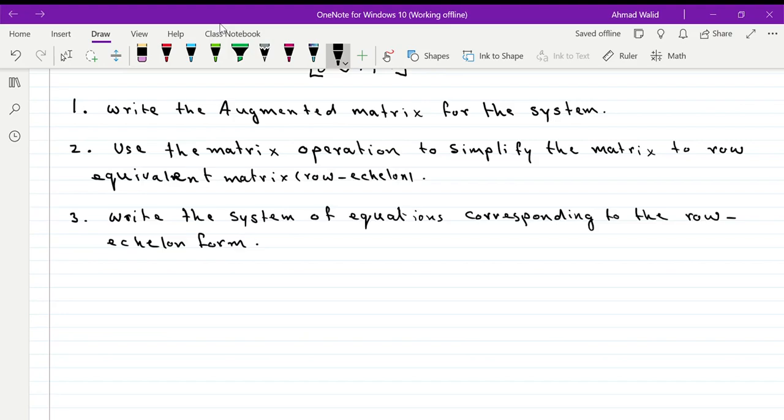Let's put also a matrix to be more clear. Number 4.